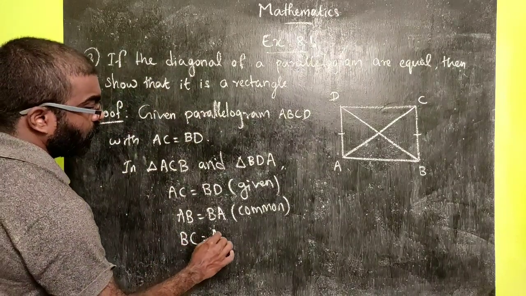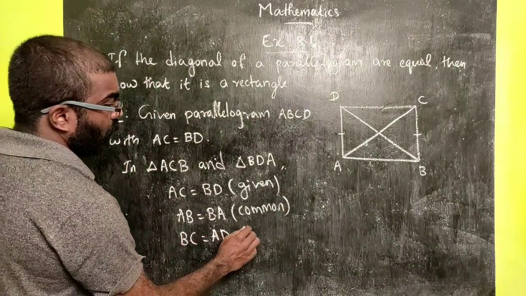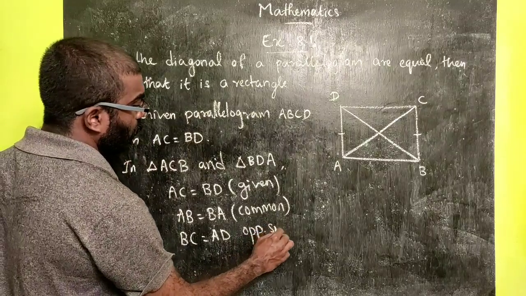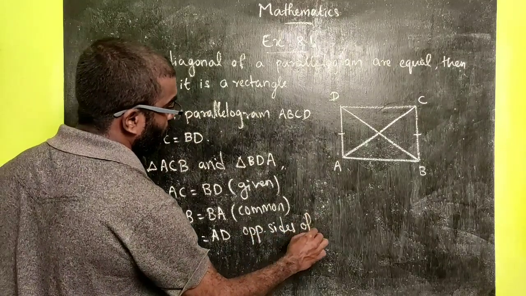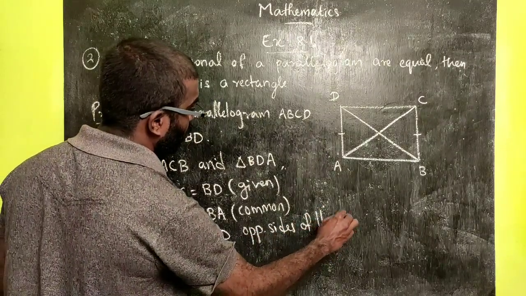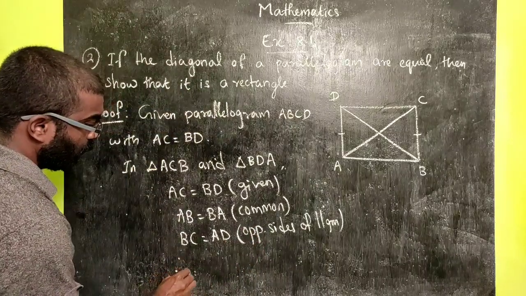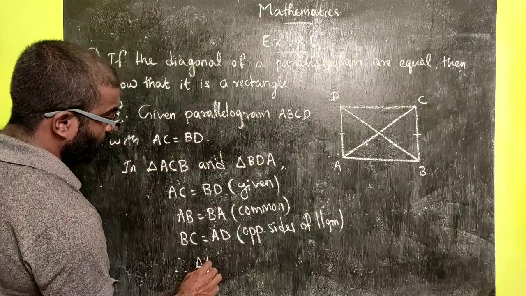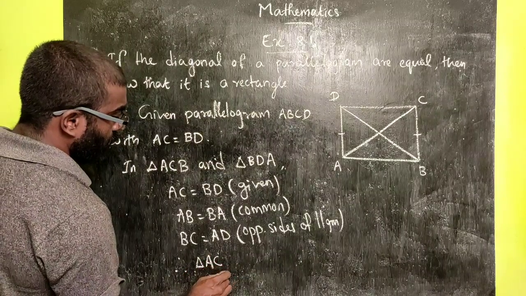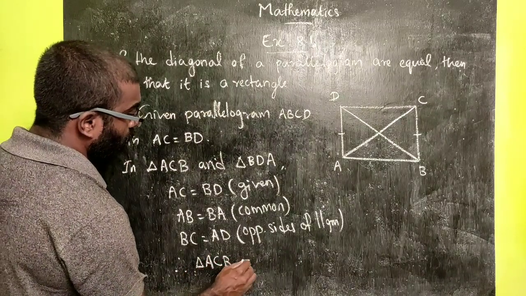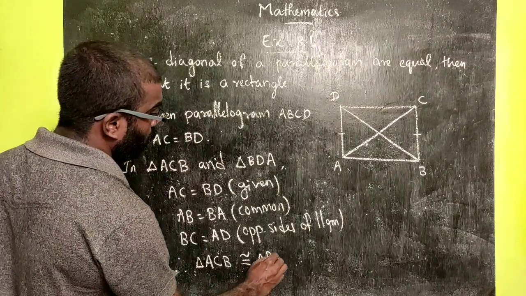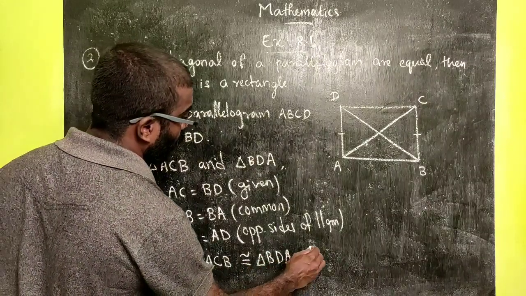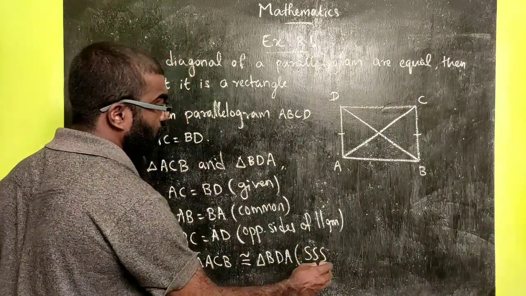BC equal to AD. These are opposite sides of parallelogram, so they are equal. Therefore, by SSS congruence rule, we can conclude these two triangles are congruent. Triangle ACB is congruent to triangle BDA by SSS rule.